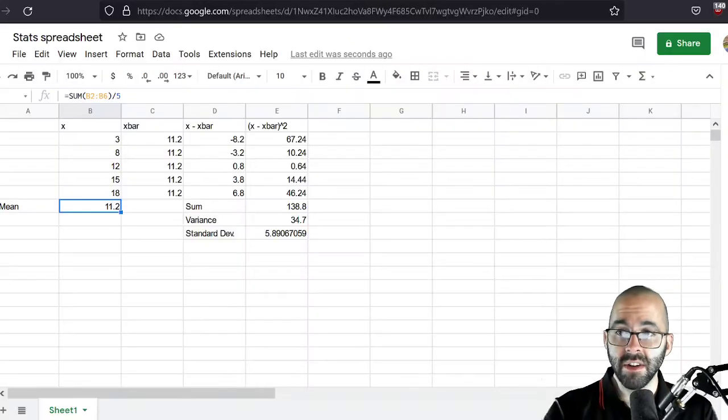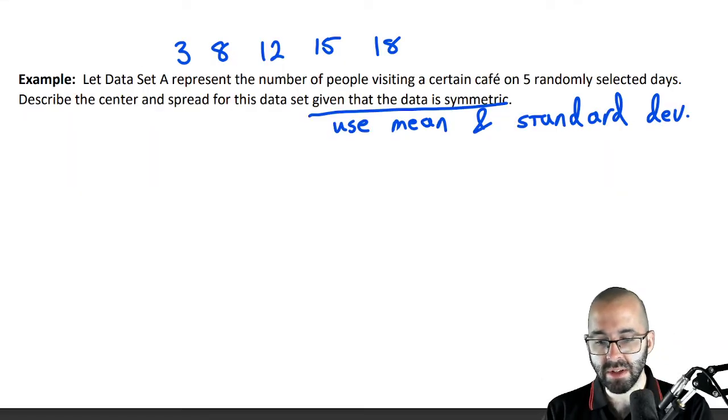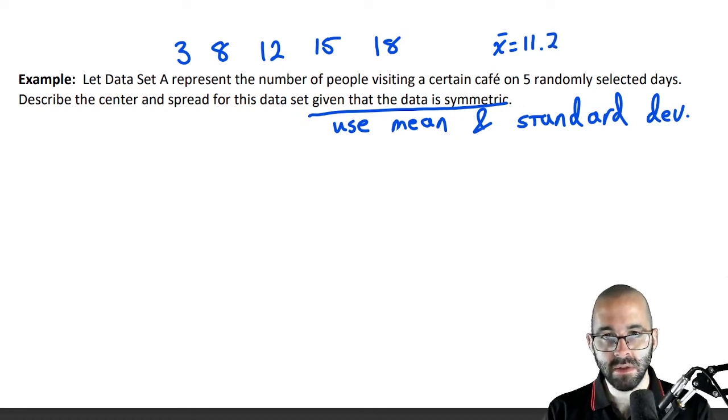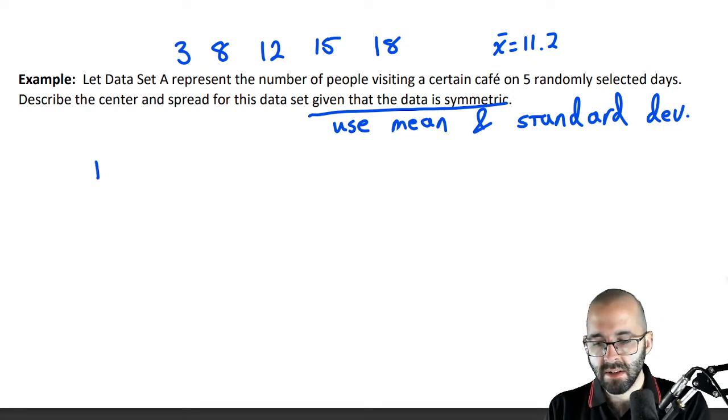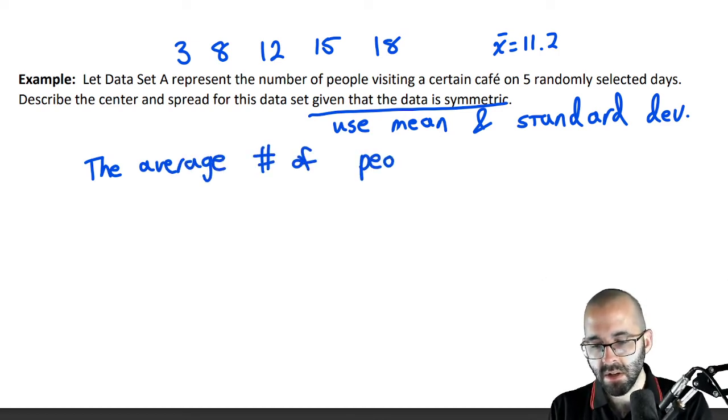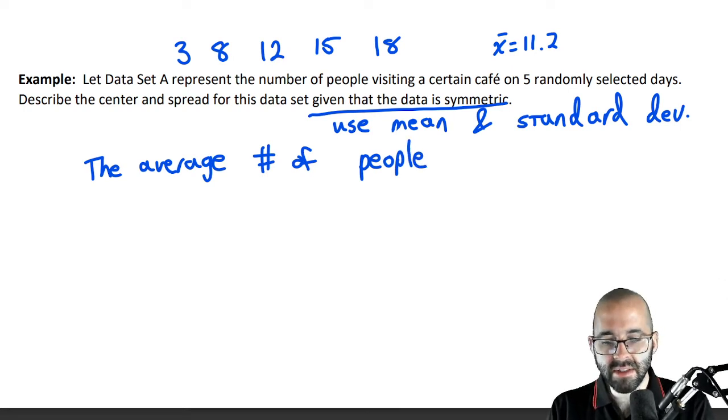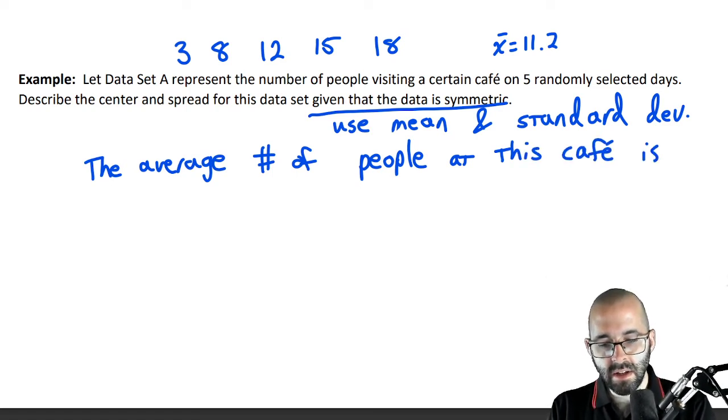So our center was that mean, which is 11.2, right? So our X bar was 11.2. If we convert that to words, what does that mean? That means on average, the average number of people at this cafe is about 11.